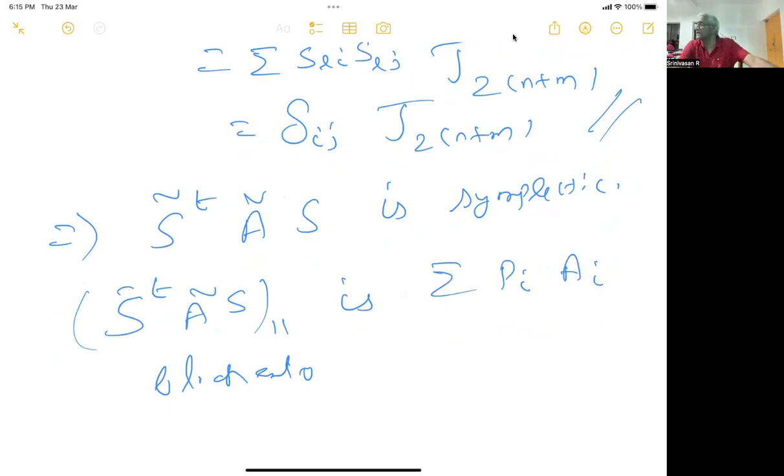You just have to write it. So this is the dilation, hence the dilation. That's all. Okay, so this is clear.